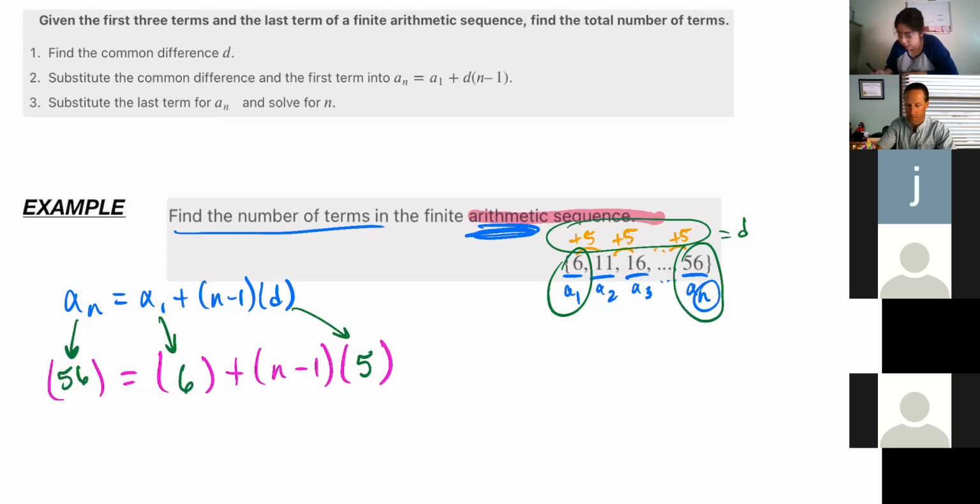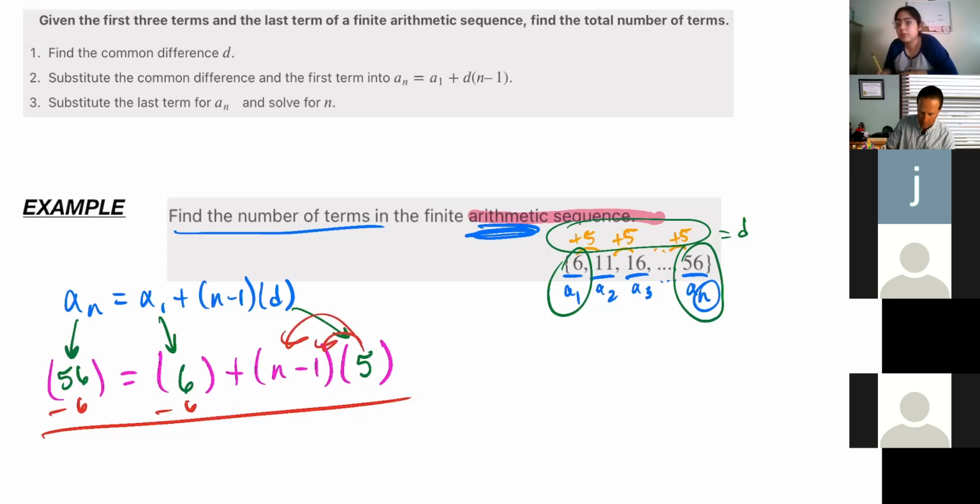Does that make sense? Yeah. All right, then you guys should be able to finish. I'm going to do 2 steps in one if you guys can handle it. I'm going to subtract the 6 over and multiply through to get my 5n minus 5. That then cancels out. And on the other side of my equal sign, I now have 56 minus 6, which is 50.